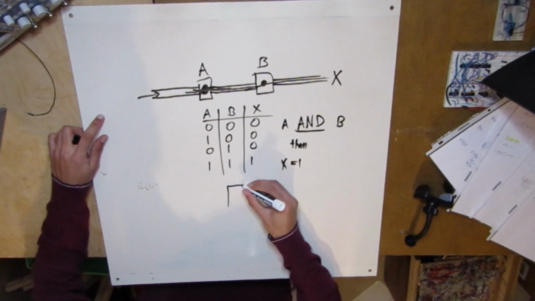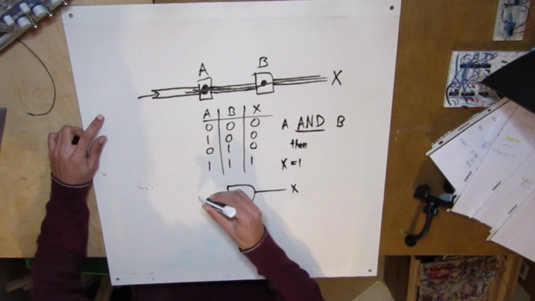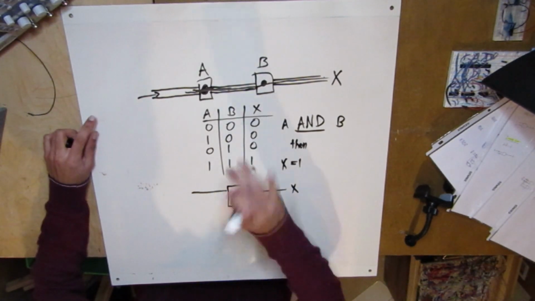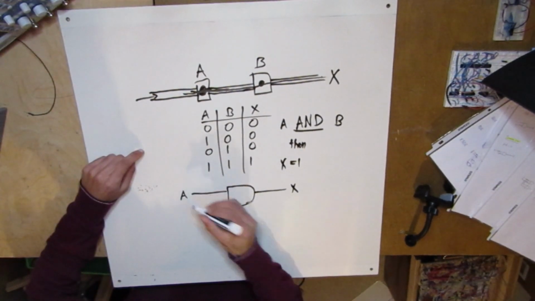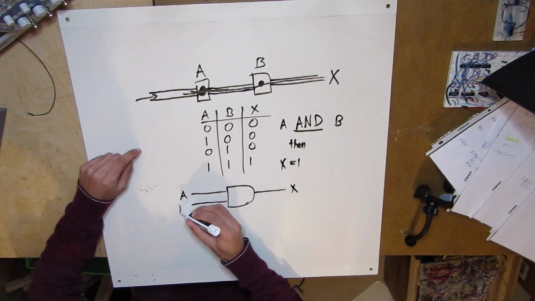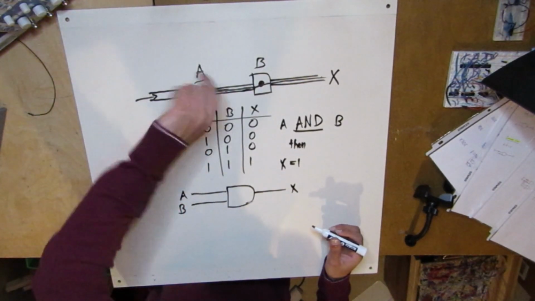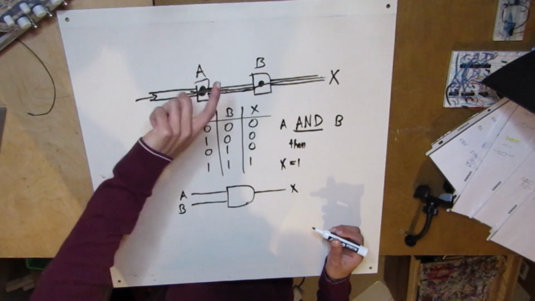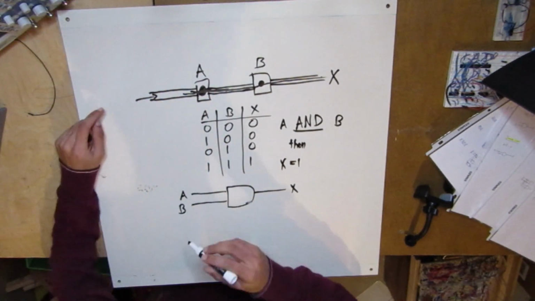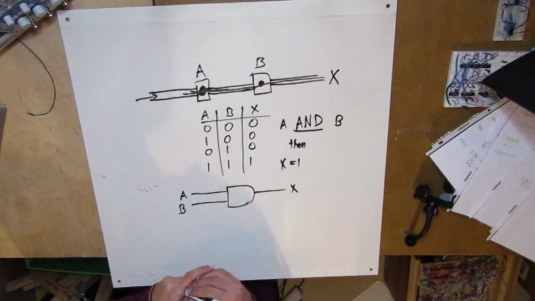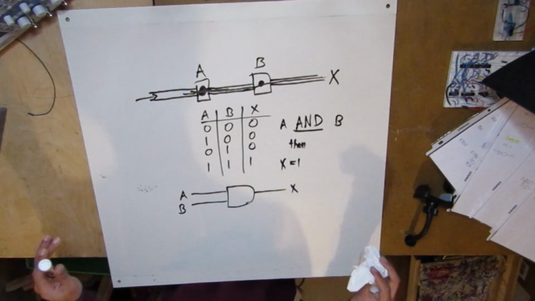It has the output X. You could have the valve, like this is like someone turning the valve. So we have the A, and we have the B valve. If there's a 1 on the A signal, that means someone turned this tap on. And if there's a 0 on this valve, that means someone closed it off. And this could be either for A and B. Okay, so I just introduced you to the AND gate.